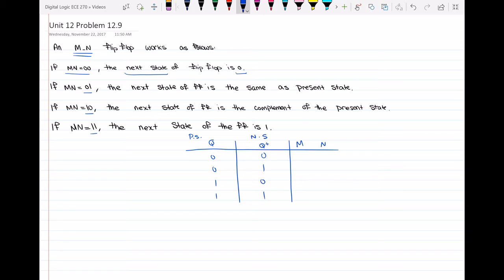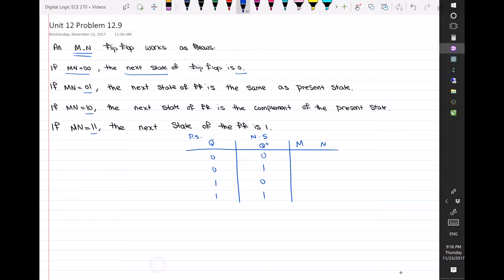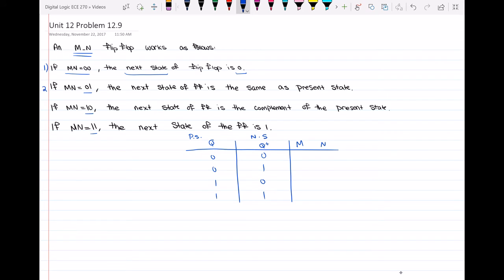All right. So we have to fill in this table, looking at these four statements that we have up here. So I will just number them 1, 2, 3, and 4. Let's start from the first one. It says that the present state is 0 and the next state is also 0. So let's see which one of these statements suit these two situations.